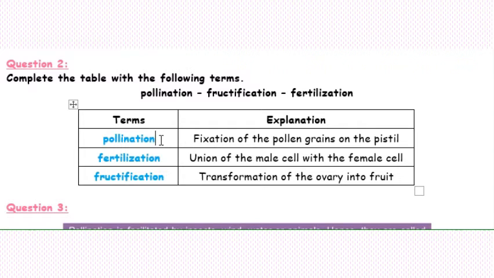The sperms move down to the ovules found in the ovary. When sperms meet and combine with the ovules, seeds are formed. This is fertilization. Sometimes, and here we're talking about plants that grow fruits, the ovary turns into a fruit. This process is called fructification.